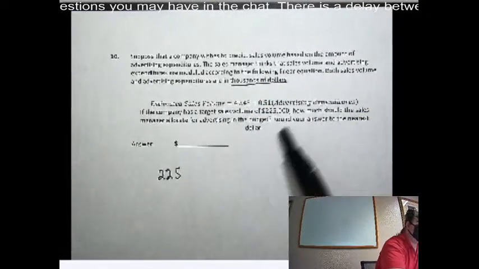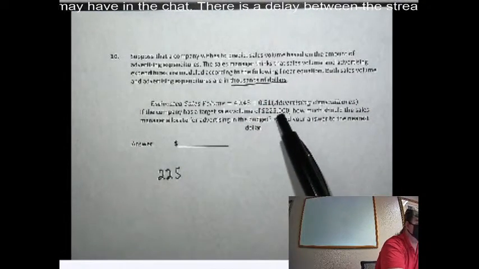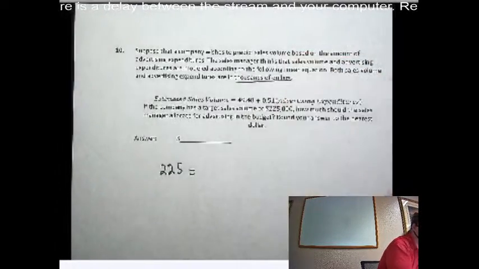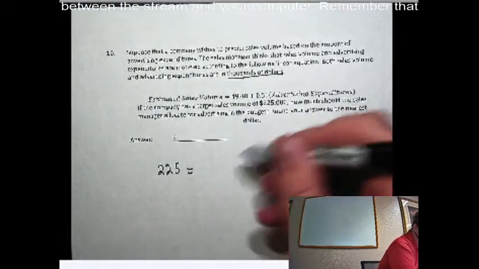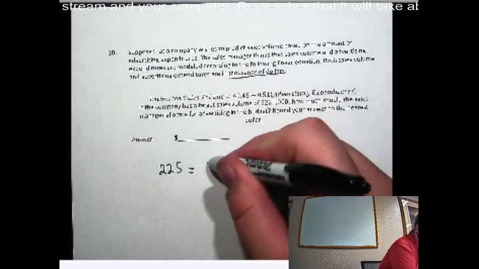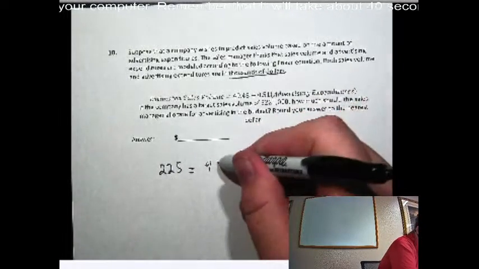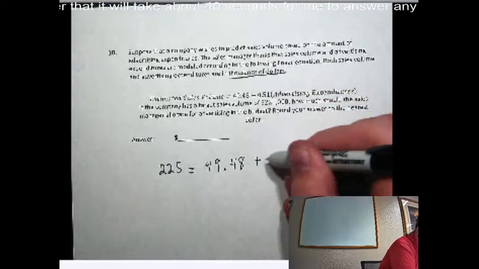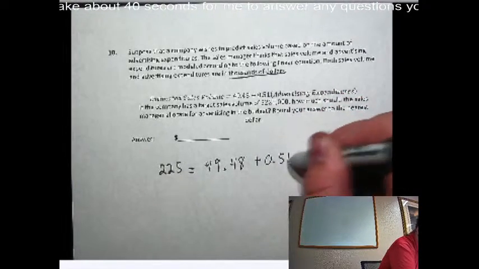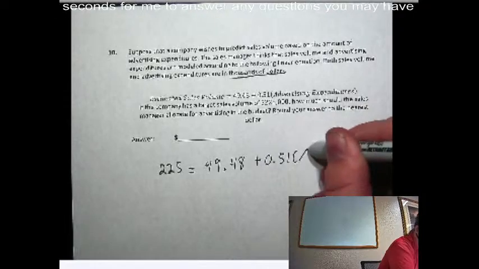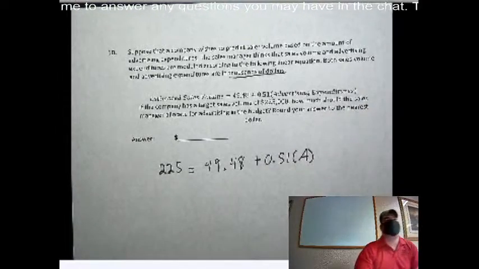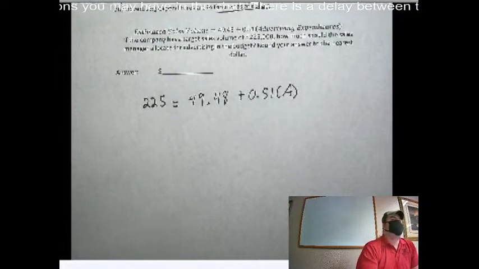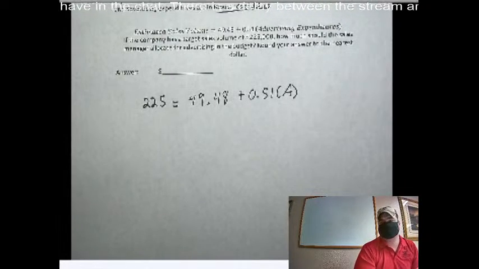Okay, so that's the sales volume that we want to get. So we plug it in for estimated sales volume, and then write out the rest of our linear equation here. And I'm using A to represent advertising expenditures. All right.